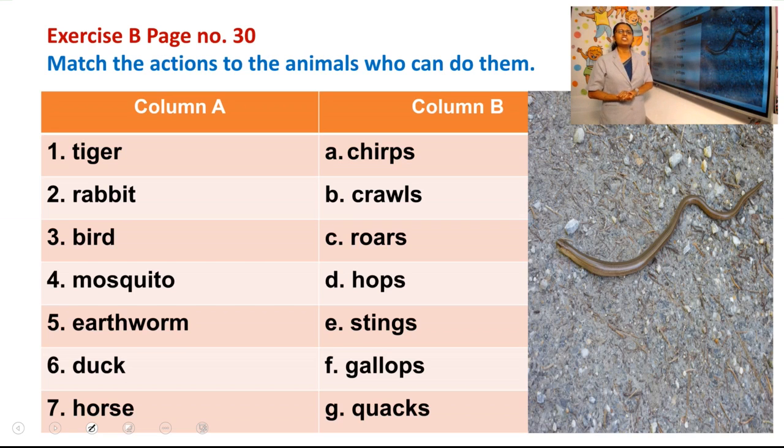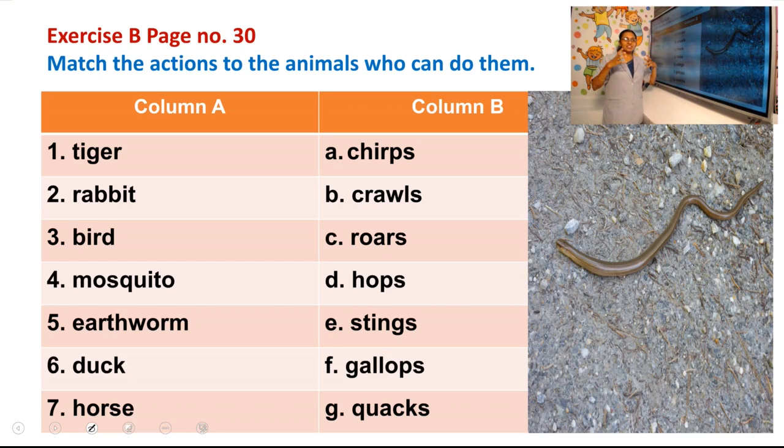See the first word, chirps. What's its meaning, chirps? It's a loud, high-pitched sound made by birds. That is chirps, to make high sound as of birds. And crawls. See, you can see in this picture, crawls means to move by dragging the body along with the ground. That is crawl. Okay.